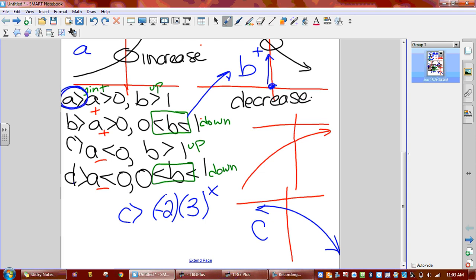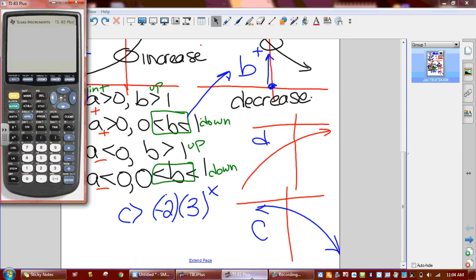So process of elimination, what do you think the other one matches? D, good. So let's try D. So a negative y-intercept, and then we need to take a fraction or decimal to go down. I'll answer a question in just a moment. We're going to do this last graph. So negative y-intercept, and now I'm going to make this guy a fraction or decimal.